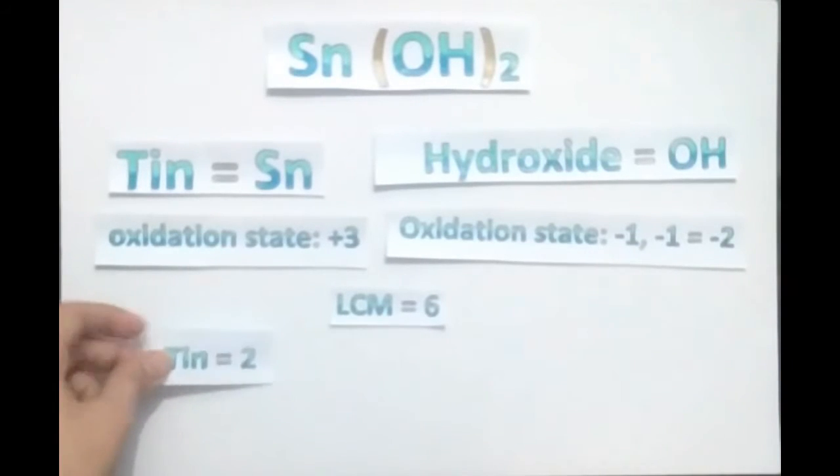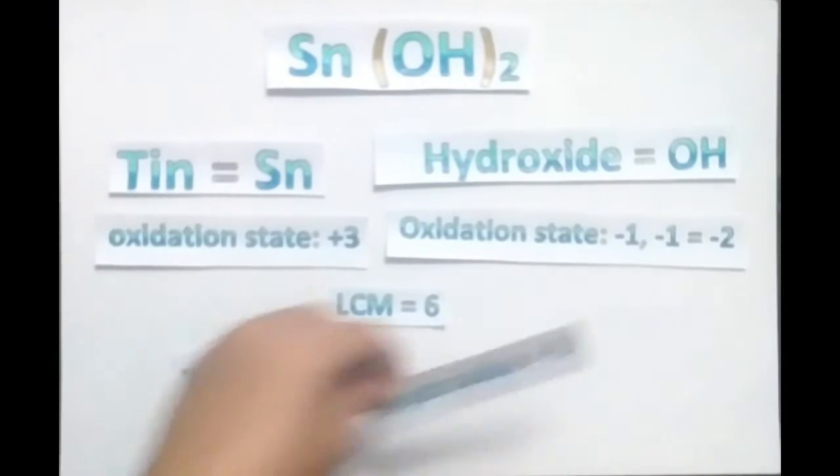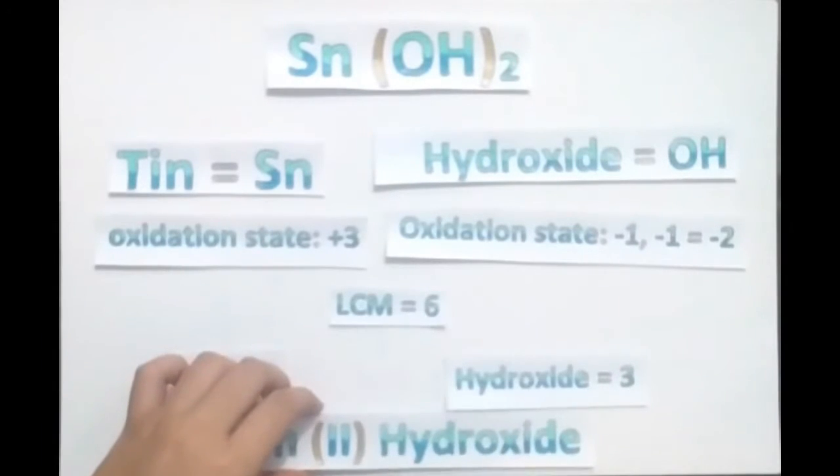For tin, 3 divided by 6 equals 2. And for hydroxide, 2 divided by 6 equals 3. Disregard the charge of hydroxide, then the answer will be tin 2 hydroxide.